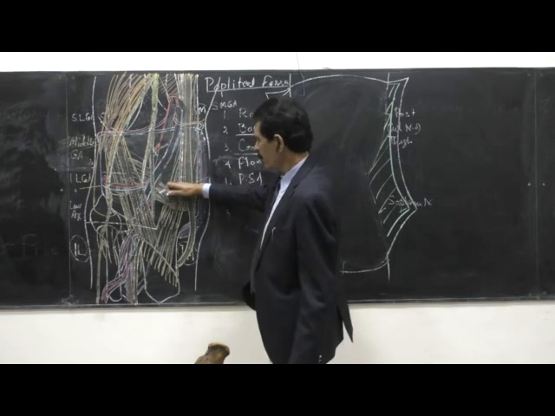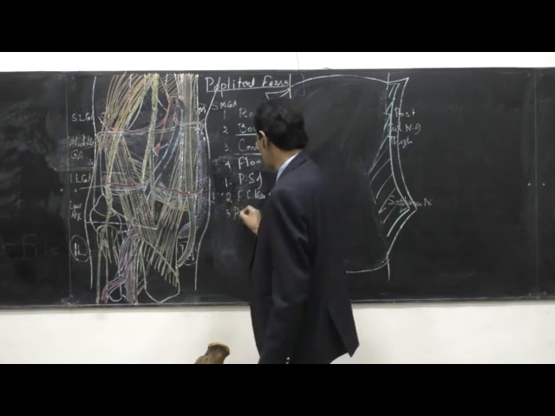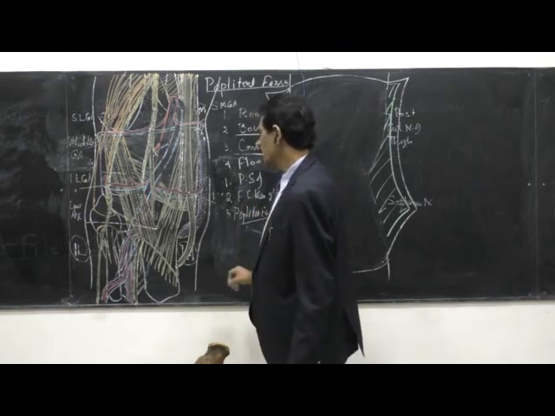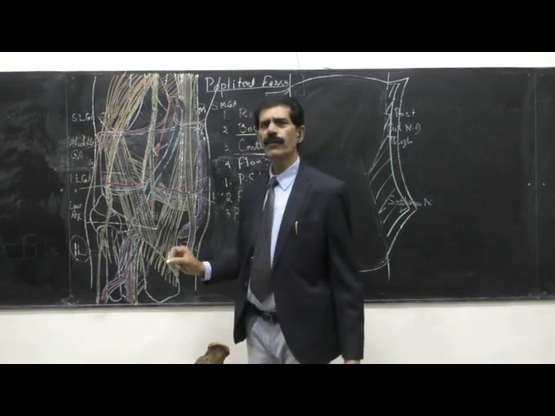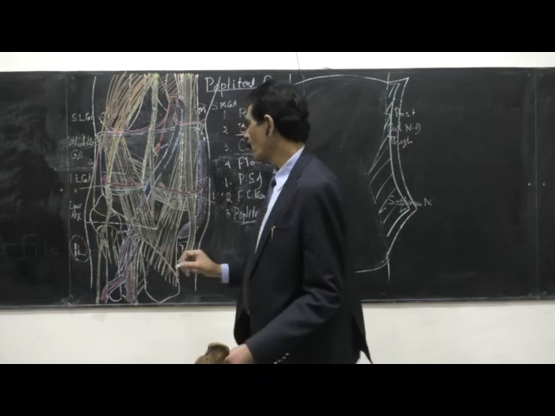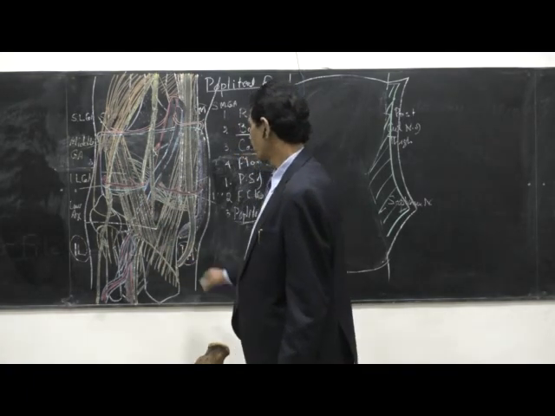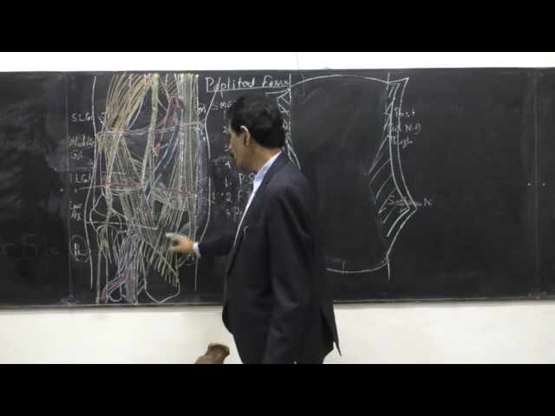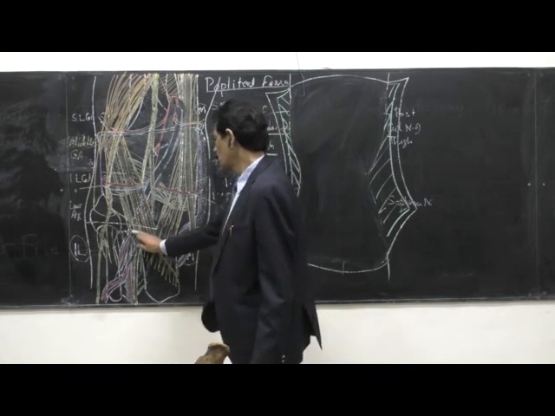Below the fibrous capsule of the knee joint, the floor is formed by the popliteal fascia. And the popliteal fascia is nothing but the fascia covering the posterior surface of the popliteus muscle, which is inserted over the soleal line.